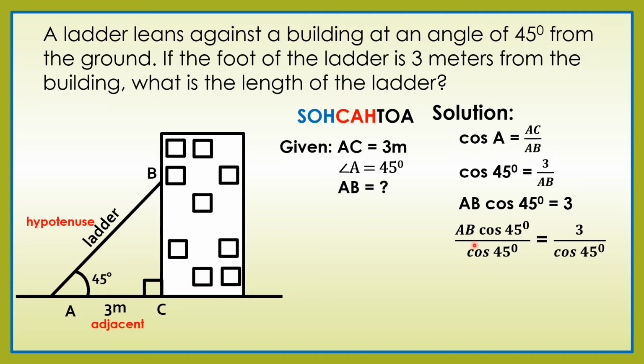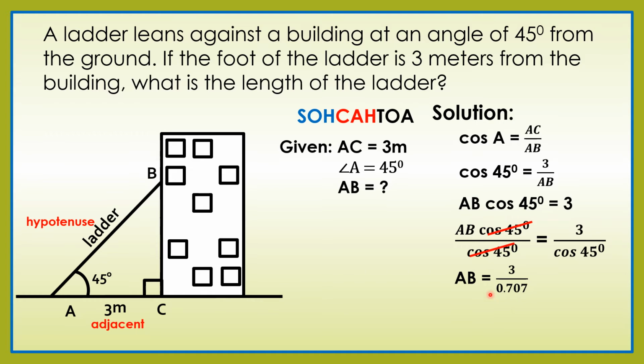So, AB times cosine 45 degrees over cosine 45 degrees is equal to 3 over cosine 45 degrees. So, ito na yung dinivide natin both side na cosine 45 degrees. Then, pwede na natin i-cancel ang cosine 45 degrees para ma-solve natin yung AB. So, ang matitira sa ating left side ay yung AB.